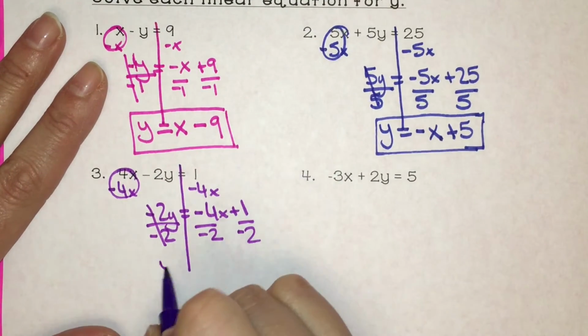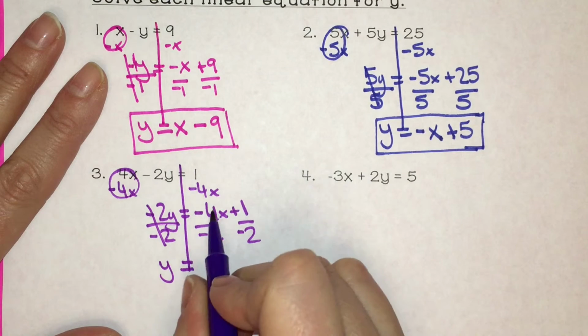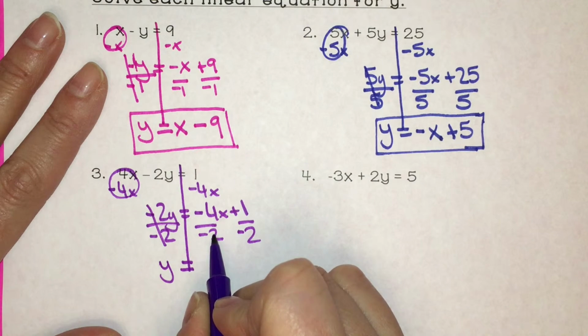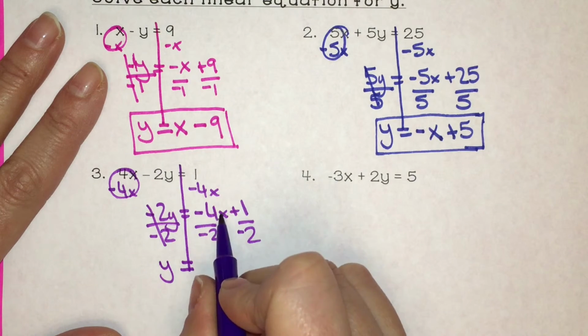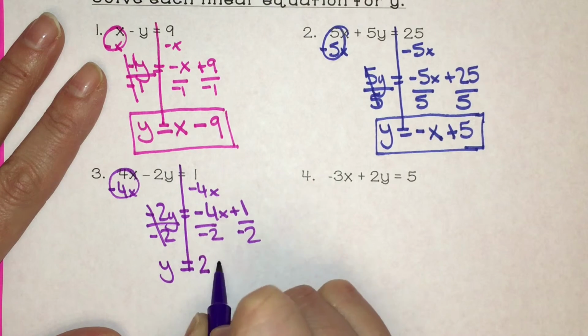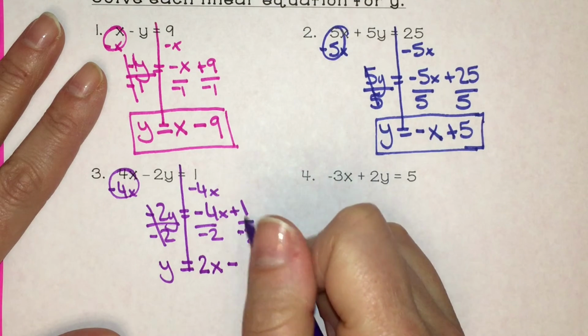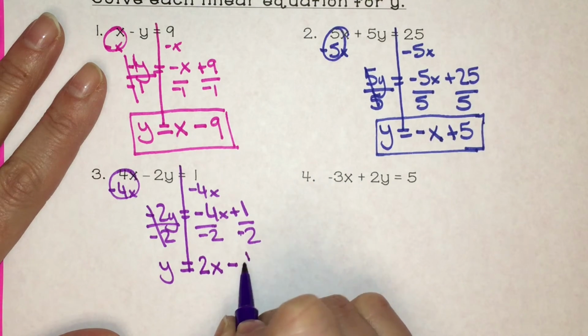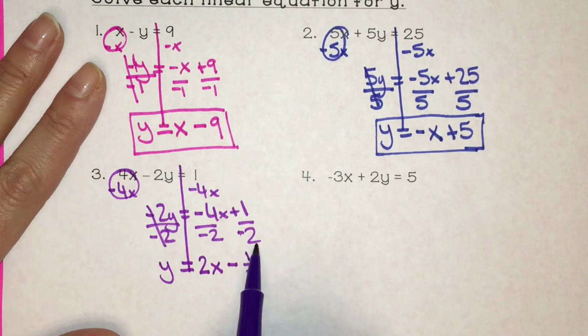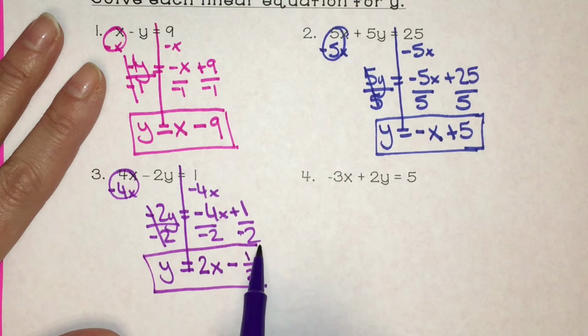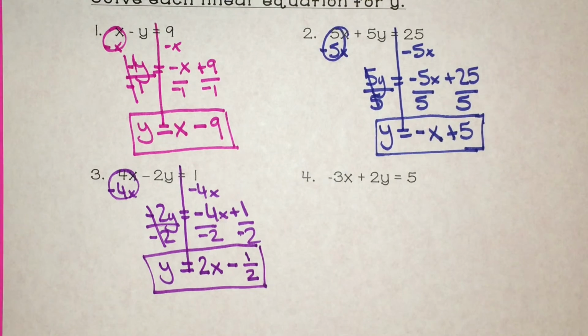So I'm left with y equals negative 4 divided by negative 2 is positive 2, and it's multiplied by x, so positive 2x. Positive divided by negative is a negative. And I'm just going to leave that as 1/2. So I have y equals 2x minus 1/2. Again, clean it up as much as possible and leave it simplified.